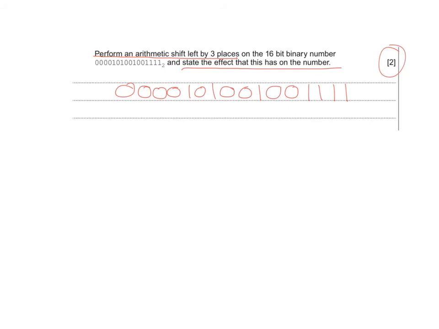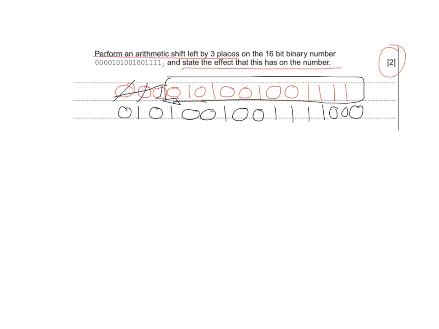So I'm going to take the first 3 zeros out, and all of these numbers here are going to be shifted 3 places to the left, which now becomes 0, 1, 0, 1, 0, 0, 1, 0, 0, 1, 1, 1, 1, followed by the 3 zeros in its place, giving me a 16-bit binary number, and all of these numbers that were remaining before have all been moved over 3 places to the left.